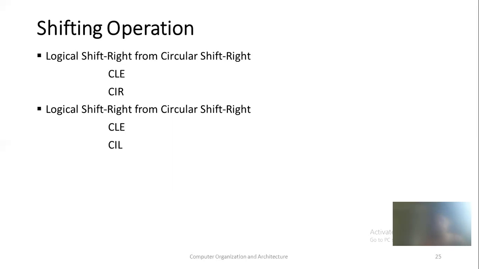Then do circular right or circular left, so that in the circular right operation your carry goes to the MSB, and in the circular left operation your carry goes to the LSB. So you just combine two instructions to do logical shifting: CLE and CIR, then CLE and CIL.